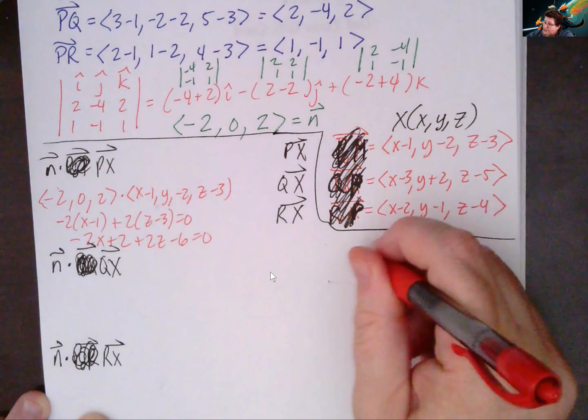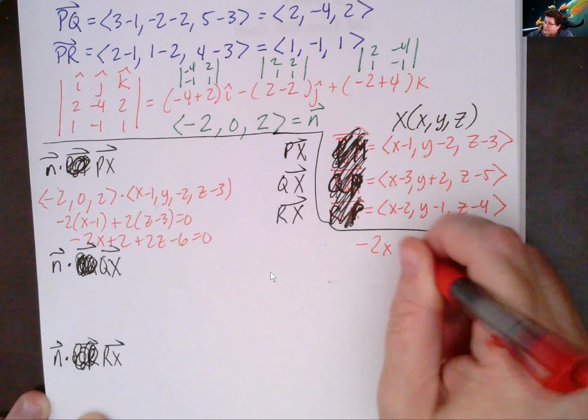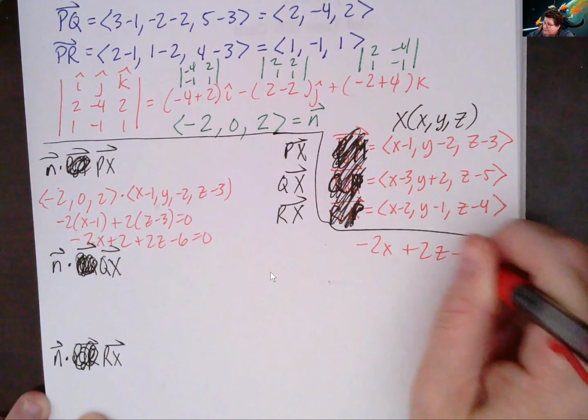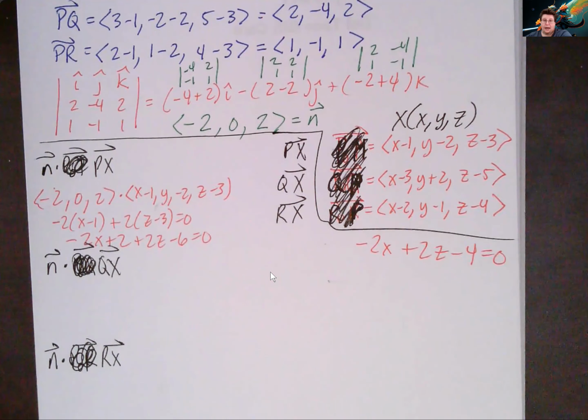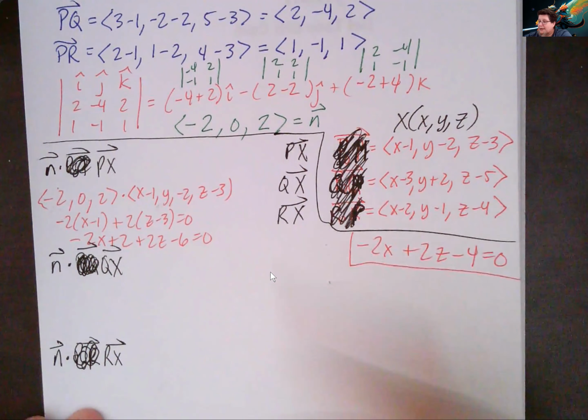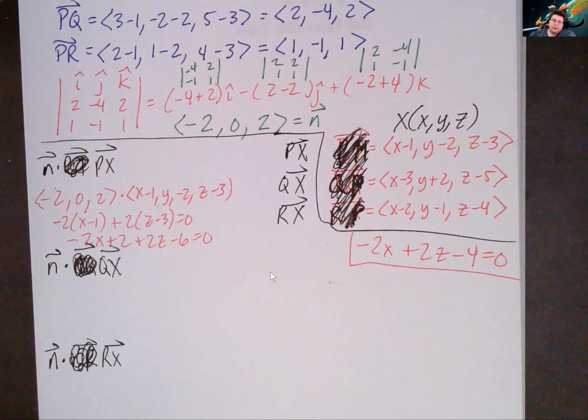I'm getting -2X plus 2Z minus 4 equals 0. I chose to use P for that one, but you should get the same thing if you do it with the other points.